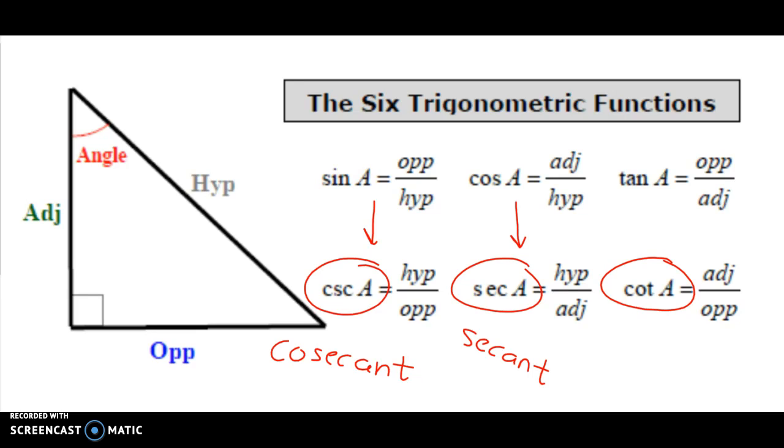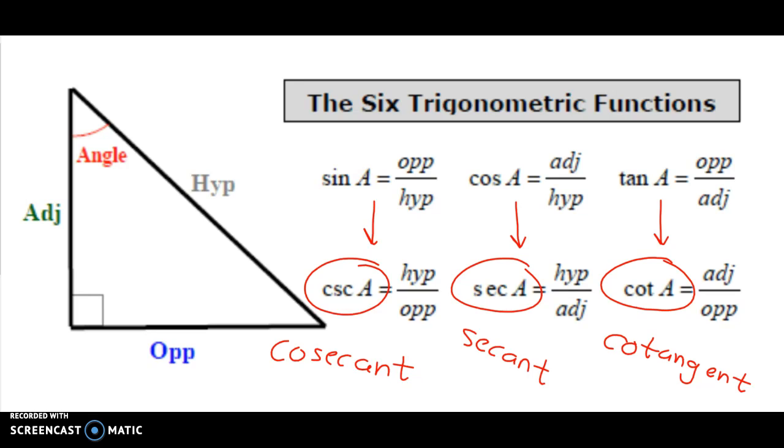And the last one is cotangent. And once again, that one's pretty easy to remember. Tangent goes with cotangent. So you will have to remember these, but other than just knowing that and being able to find the ratios, we won't do much with them until you get to pre-calc or calculus in later years, okay?